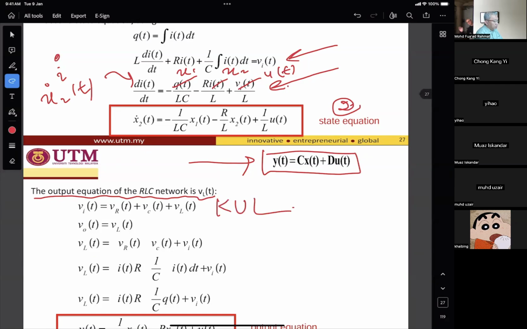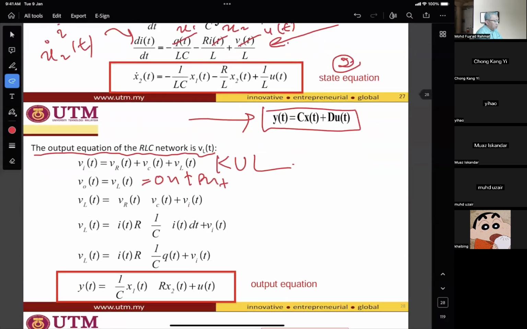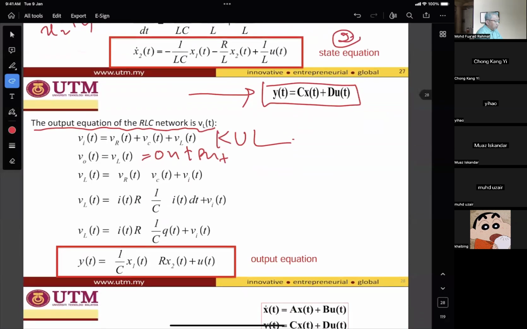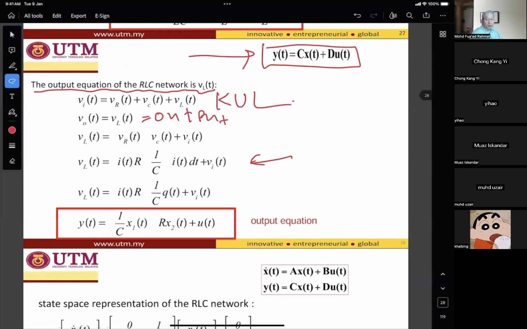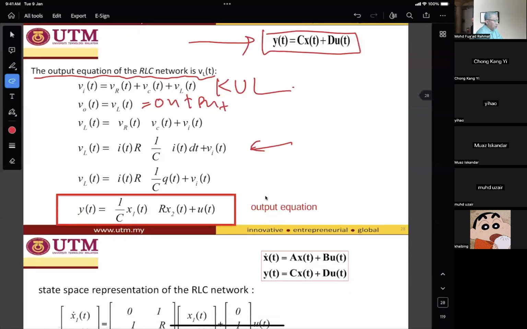We replace Vo with VL because this is the output. Then we replace VL, which is equal to VI minus VR minus VC. Then we get the equation VL of t. And finally, we get the VL of t inside the equations. Okay. Which is known here.